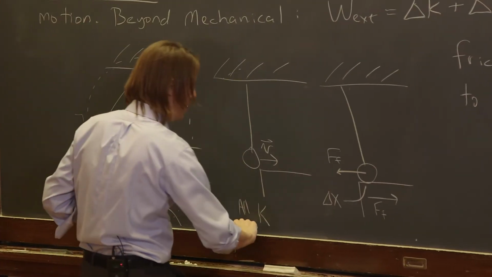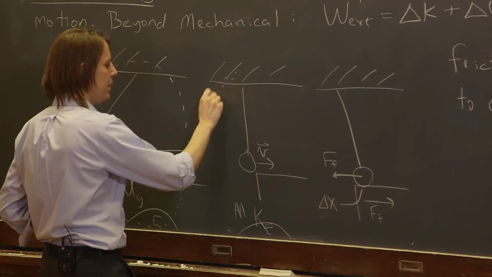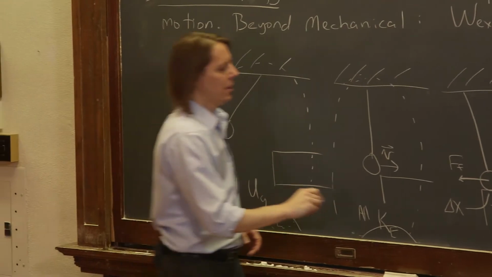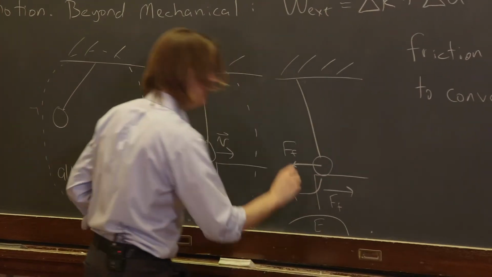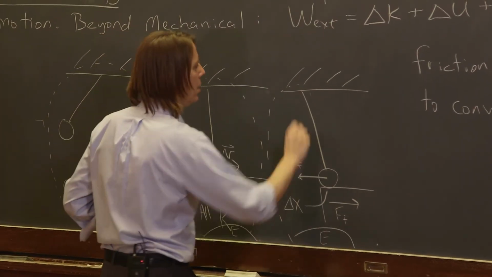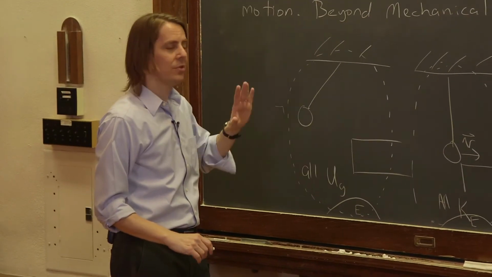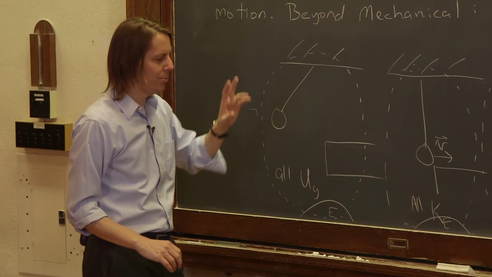So here's the system. There's the Earth. It's got the block in there. It's all in there. Here's the Earth again. In this case, block, Earth, like that. In all three cases, we include all three elements: pendulum, block, Earth.